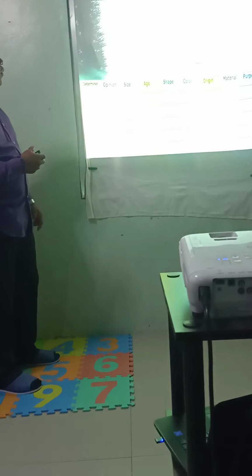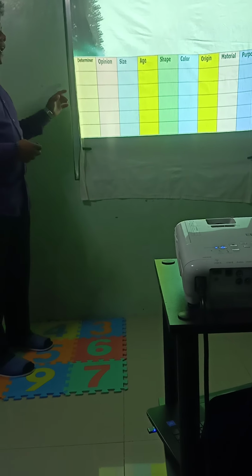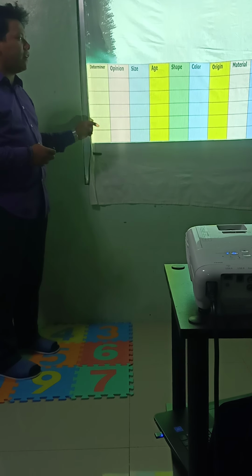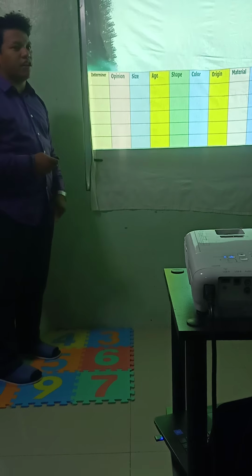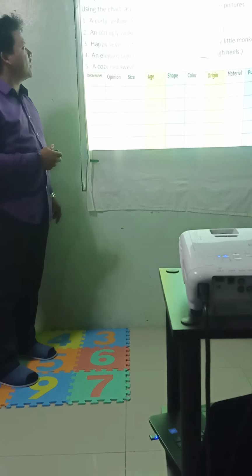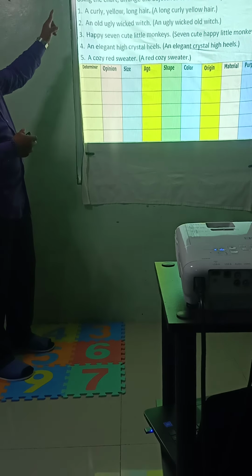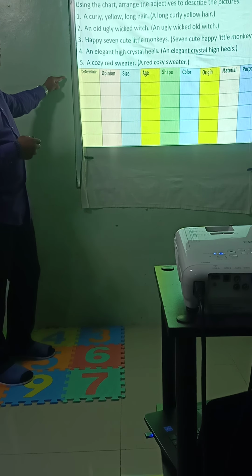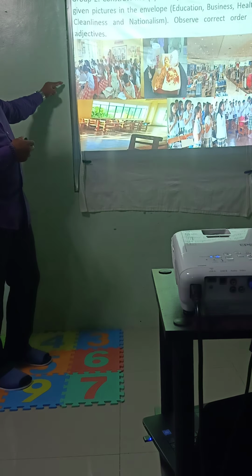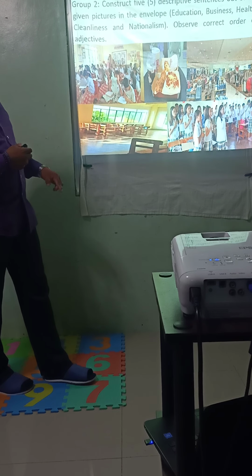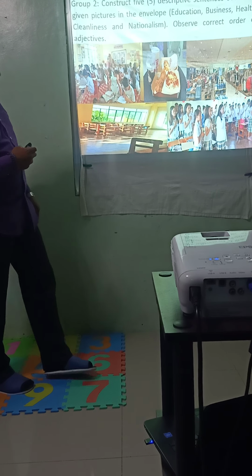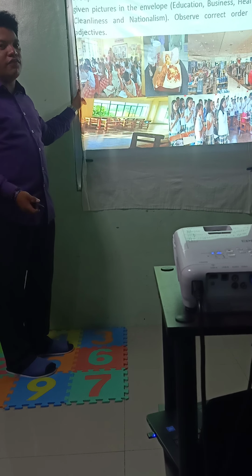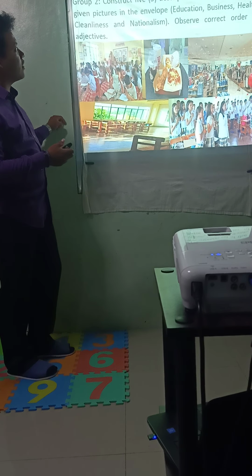For group number 1, you are about to place all the modifiers given in these 9 stations, for the table, and describe. And group number 2, we're going to construct 5 sentences out of the given pictures in the envelope. I'll be giving you envelopes later.